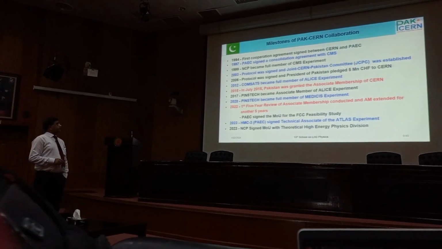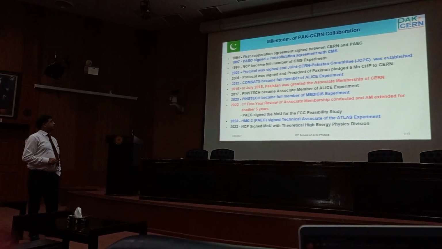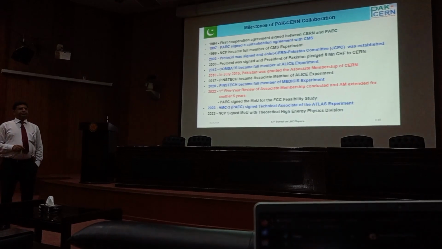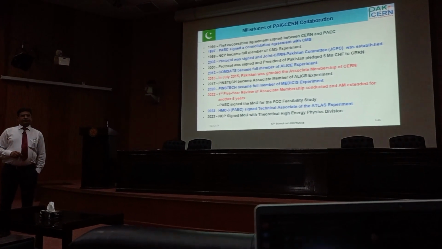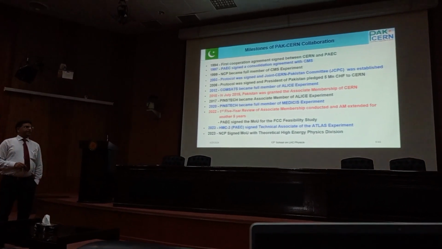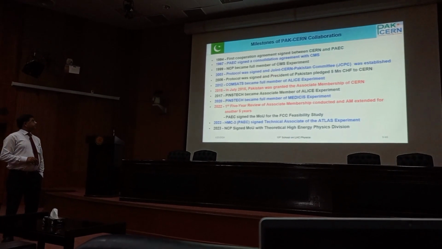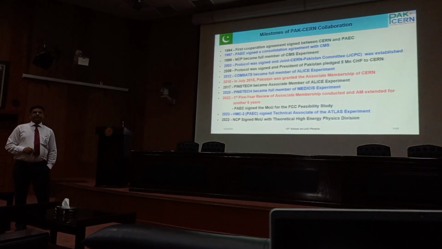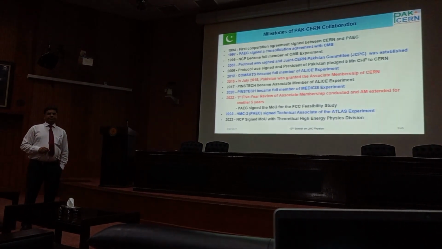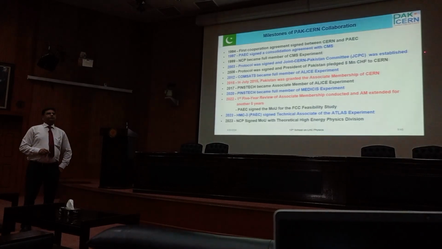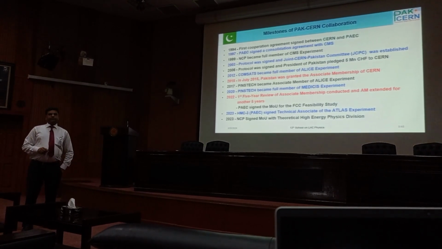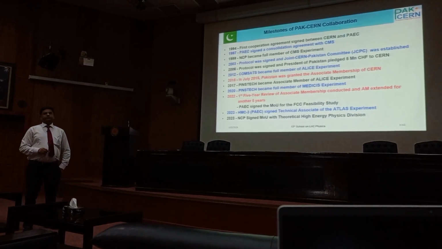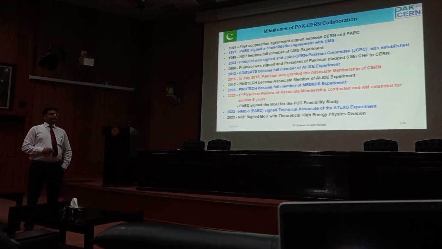So what are the major achievements of the Pakistan collaboration? The first collaboration agreement was signed in 1994, after approval from the cabinet of the Government of Pakistan. Then in 1997, an agreement was signed with CMS, and in 1999, NCP became a member of the CMS experiment. Then there were 2 major protocols at CERN, one in 2003, when 5 million Swiss francs were given to CERN for different projects, and then in 2006, 5 million more Swiss francs were given.